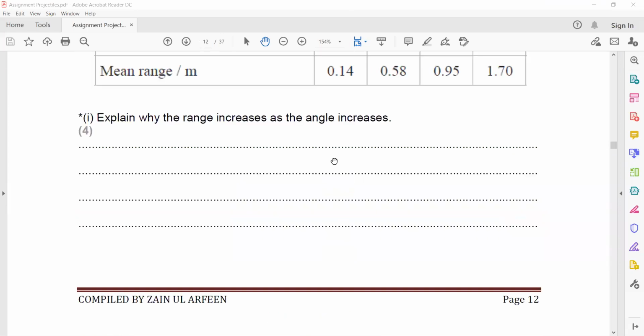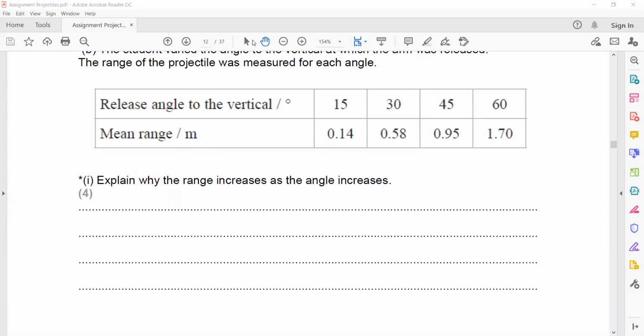But this angle is from vertical. This is a bit different thing. Look, when a projectile is launched, an angle with horizontal is given. Like this angle was 15.